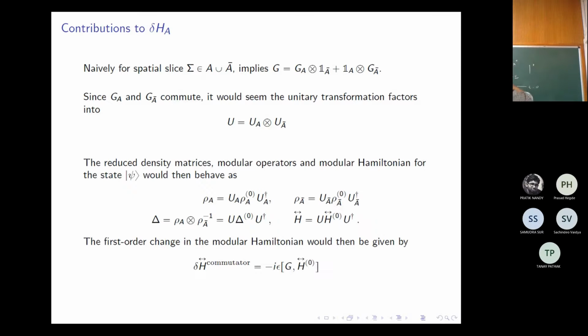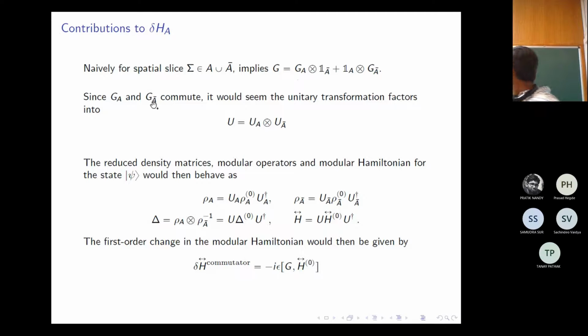So if you naively think in that fashion, let's say this is from some minus b to x equal to 0, and then to some x equal to a, then this perturbation corresponds to A bar, and this perturbation corresponds to A. Then this will imply that this G, remember U was e to the minus epsilon G, and U was the unitary operator with which you perturb the vacuum, will be written as some G A plus G A bar.